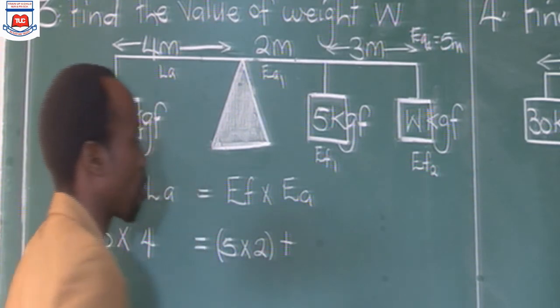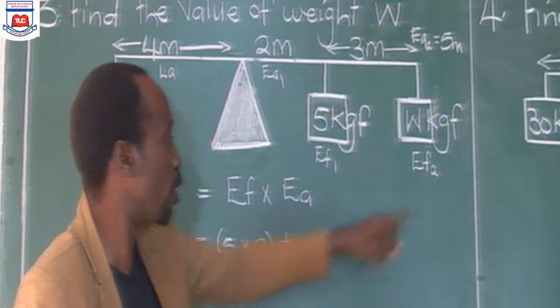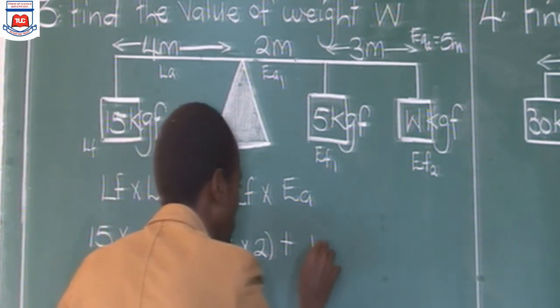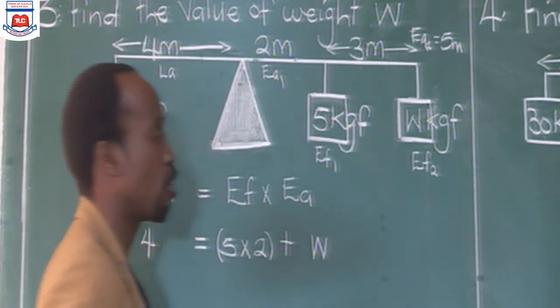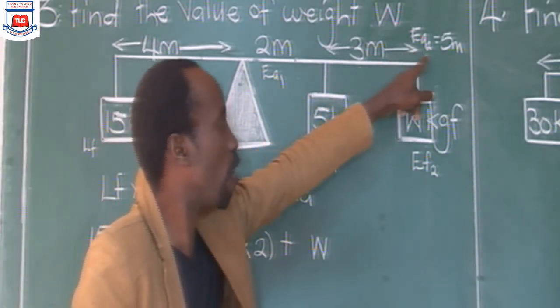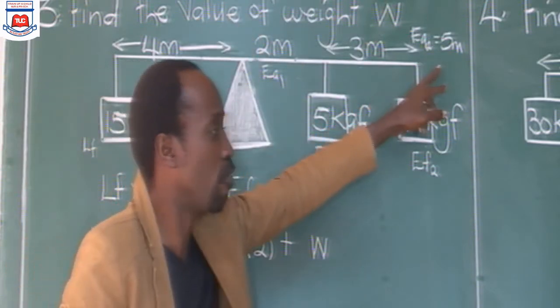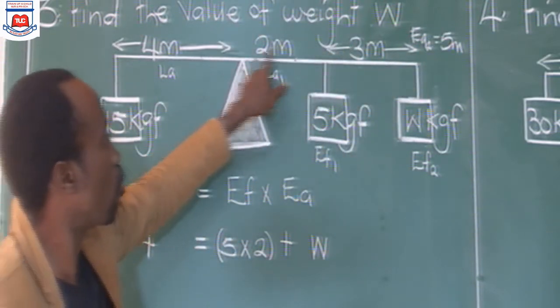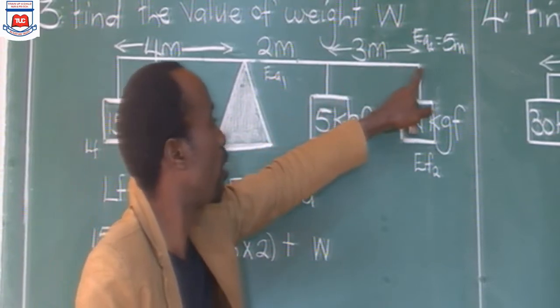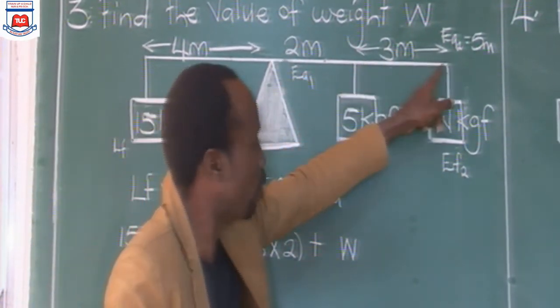Plus effort force 2 is an unknown. We don't know it. That is W, effort force 2 multiplied by effort arm 2, which we have already found out. Those who didn't understand how we got 5, we add 2 plus 3, because that is the distance of this weight from its pivot, not from here up to here.